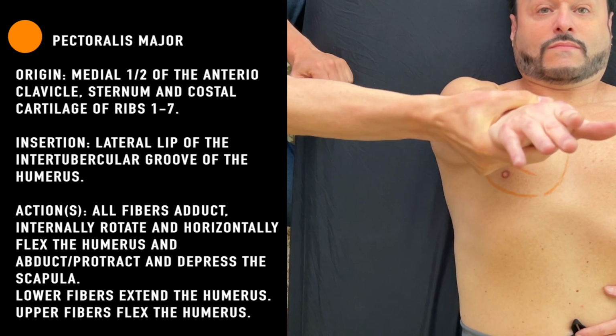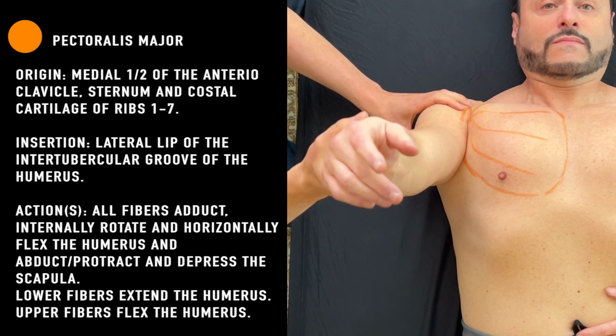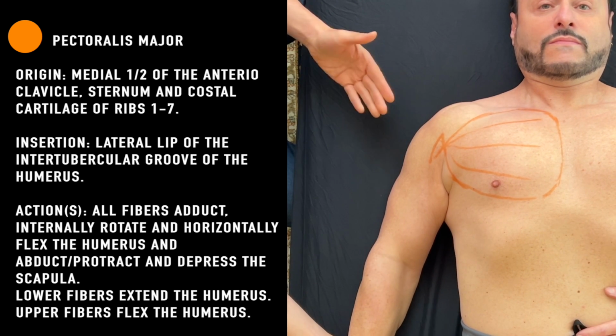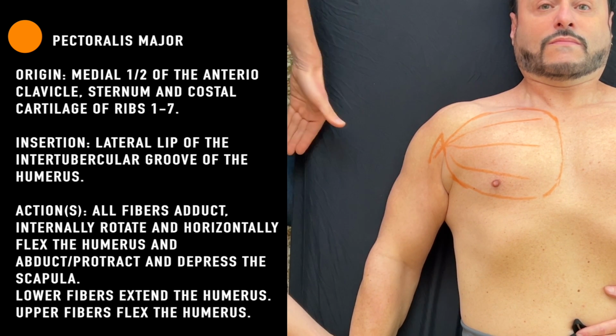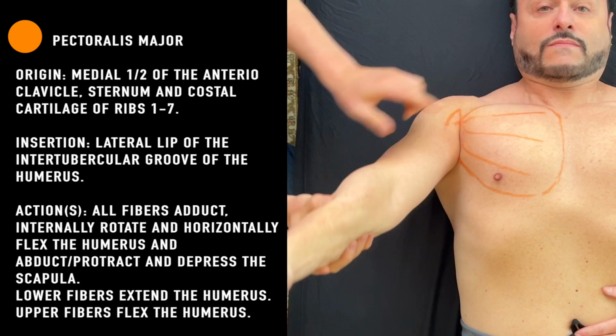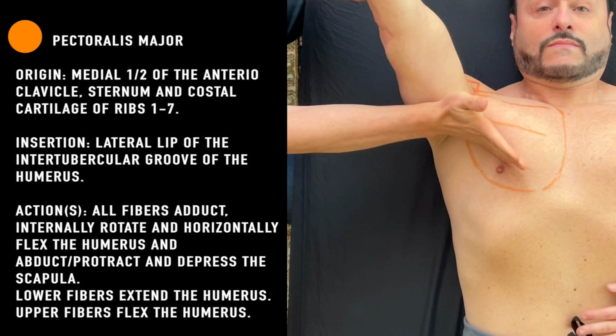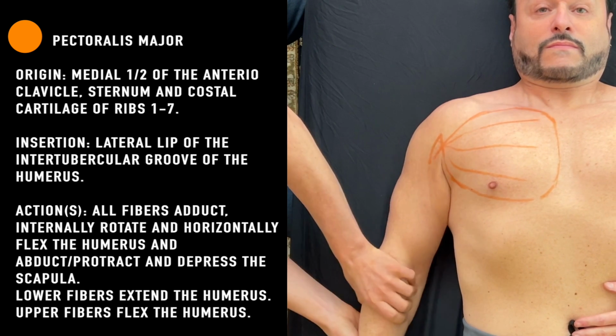Same thing, horizontal flexion for all the fibers. The lowest fibers here can assist extension. And when we say extension, in this case, it doesn't mean extension from neutral, it means extension from flexion. So if your arm is up here, which the upper fibers can help us bring it up here into flexion, these lower fibers will help pull down into extension.